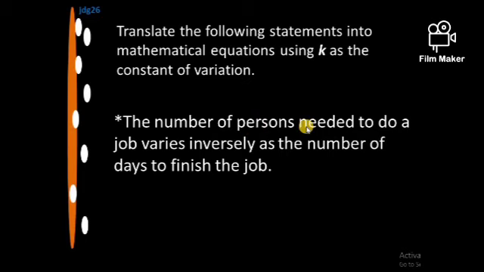Okay, so kung kayo ang pipili ng letter, so hanggat maaari, malapit dun sa word. Okay, so kung person siya, so i-represent natin siya as P. At kung days, i-represent natin as D. Pwede naman kayong gumamit ng ibang letter as long as kaya nating i-justify. Halimbawa, let X be the number of persons or let Y be the number of days. Pwede naman yun.